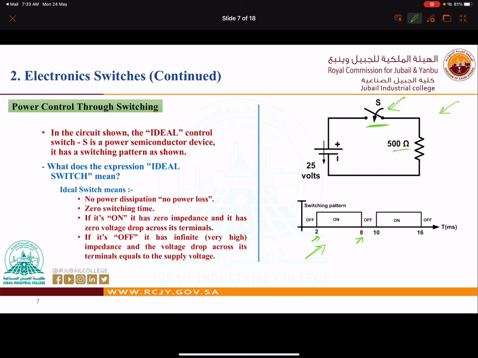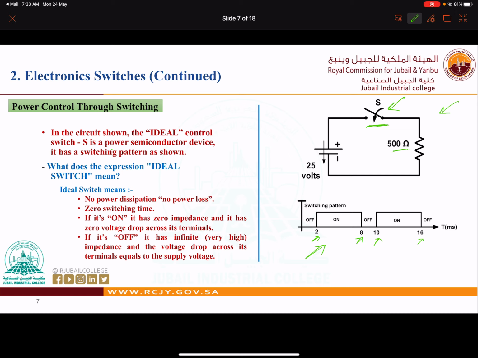And again, it will start from 10 milliseconds and be off at 16 milliseconds. So do you think I can do it manually? Do you think that I can switch on and off manually in milliseconds? Of course not. No human being can handle milliseconds.